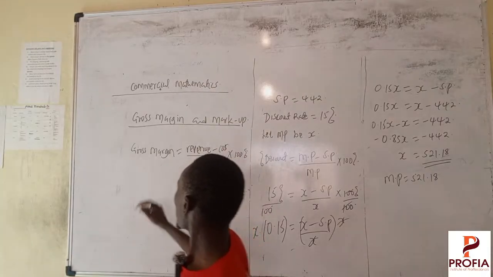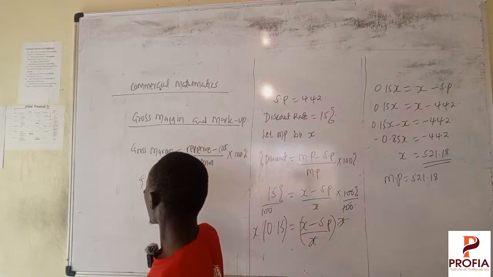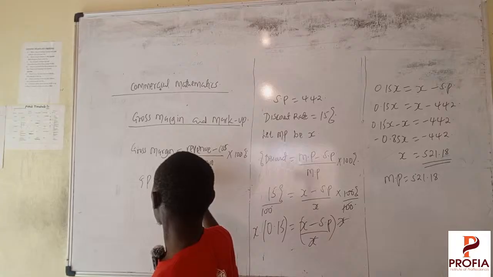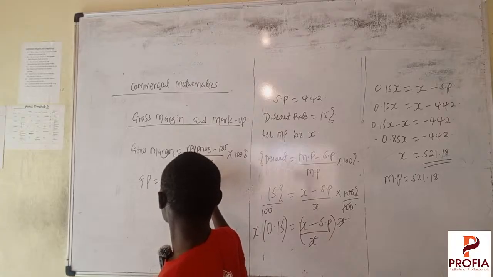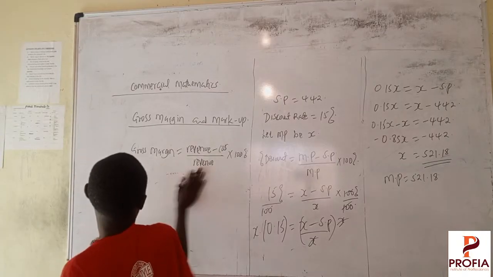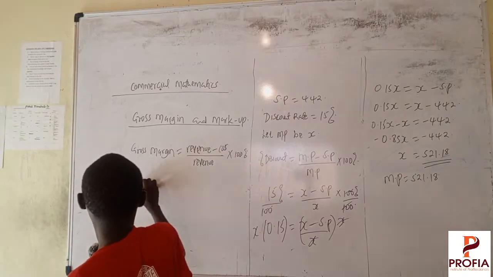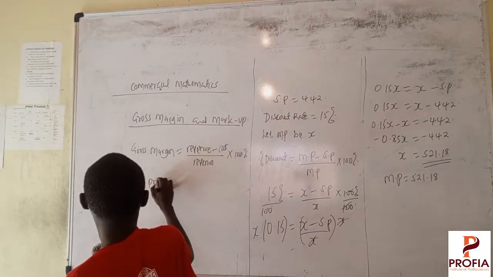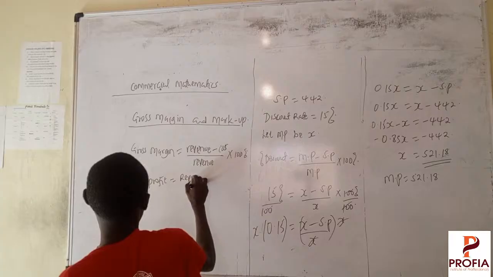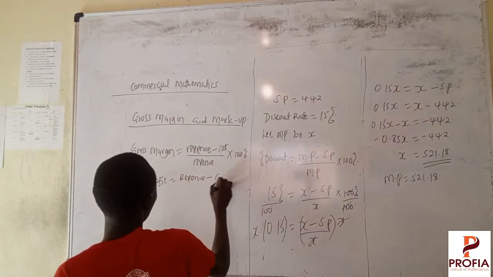So GP is equal to gross profit, which means gross profit is equal to revenue minus cost of goods sold.